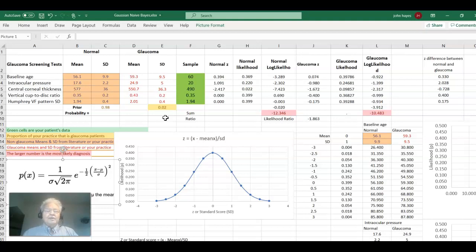So before you take any tests at all, a person sitting in your chair, you say that person has a 2% probability of having glaucoma. And then what we do is we add the probabilities of all these other measures to this prevalence.